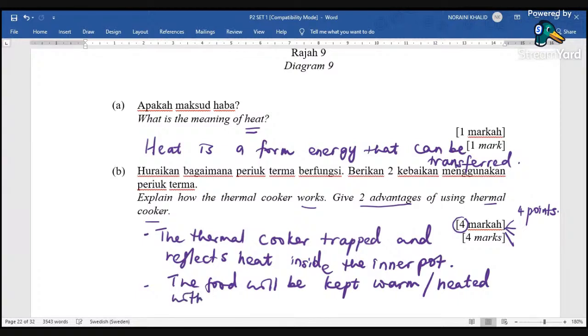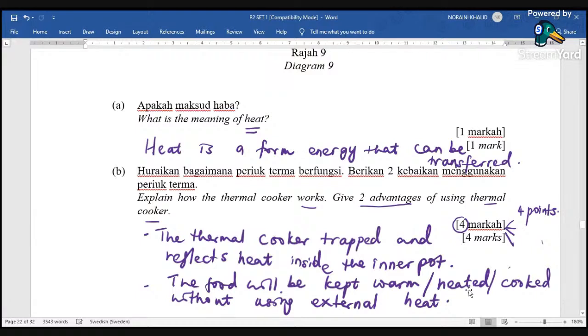without using external heat. It means you're using the heat inside the pot. The food will be kept warm or heated or continue to be cooked without using external heat.